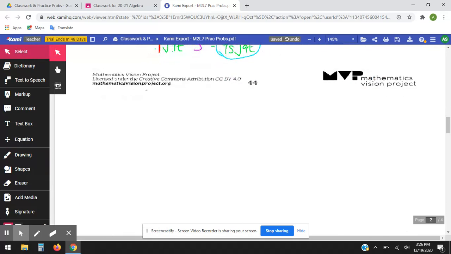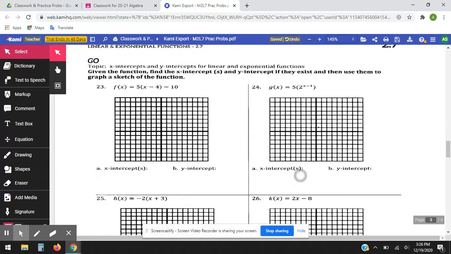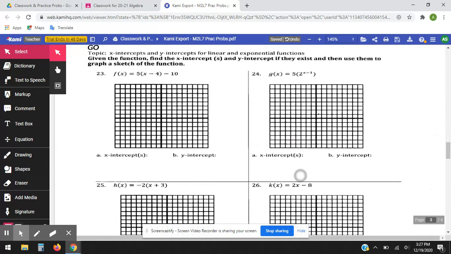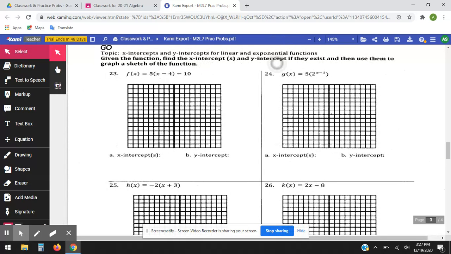Okay, let's move on to the third page. So this is practicing drawing some graphs. Ideally, we want to get these into y equals mx plus b setup, because that's how we know where our x-intercepts and y-intercepts are.